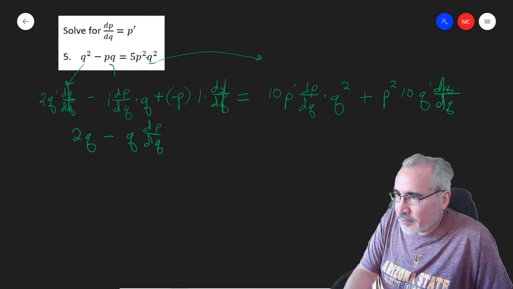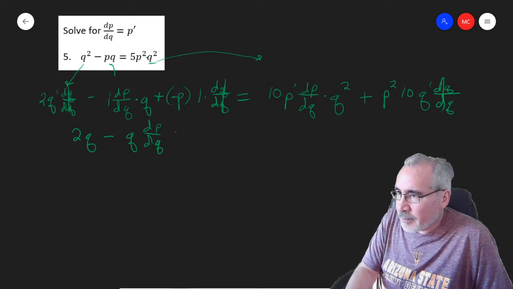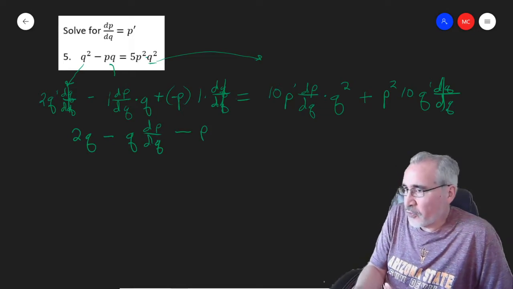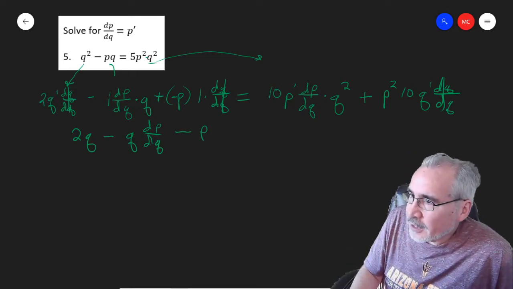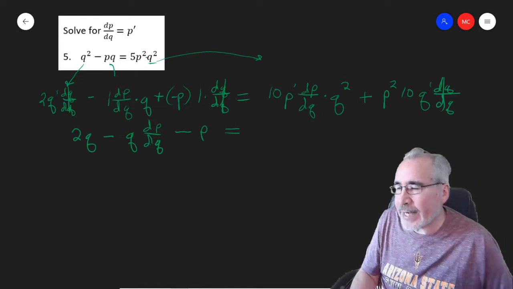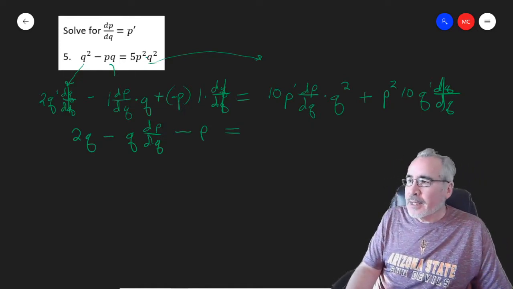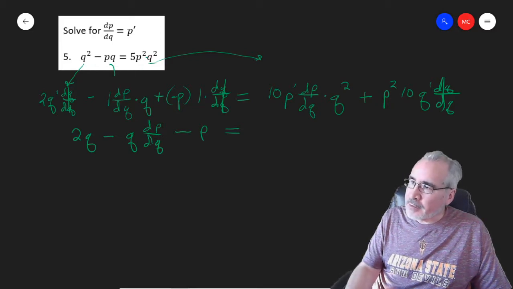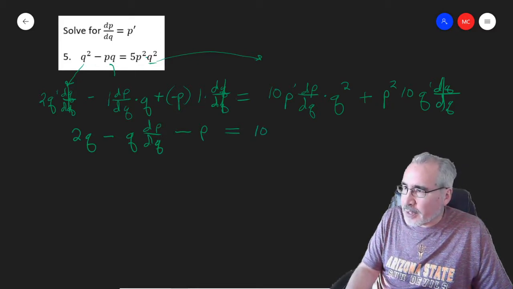This is going to be, instead of plus and minus, we're just going to call that minus p dq/dq is 1. Okay, cool. That's all there is there. There's no derivative to keep track of. Over here we've got a dp/dq, we've got a q squared. So let's get all the variables and stuff up front. So we got a 10p q squared dp/dq.